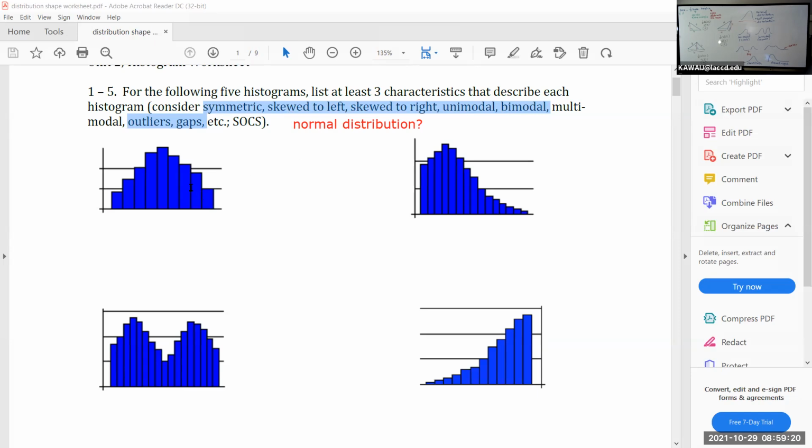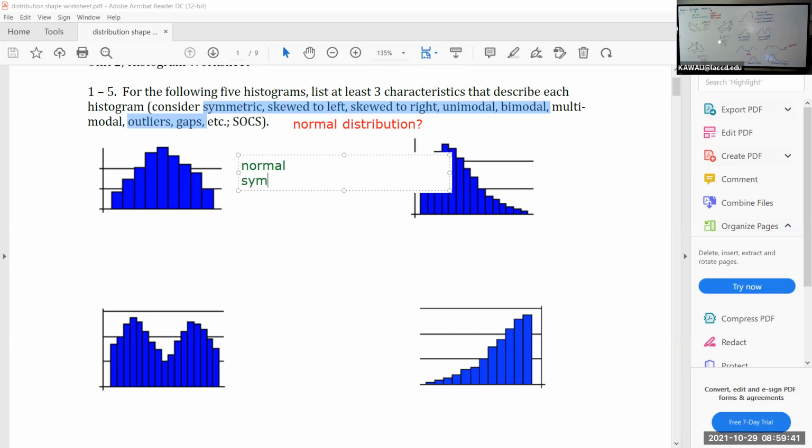So tell me which characteristics match this one. Which one? This one right here, the top left. It's normal. Yeah, okay, so it's normal. What else is it?